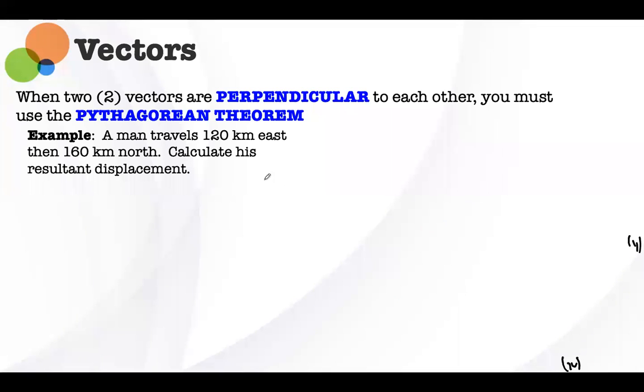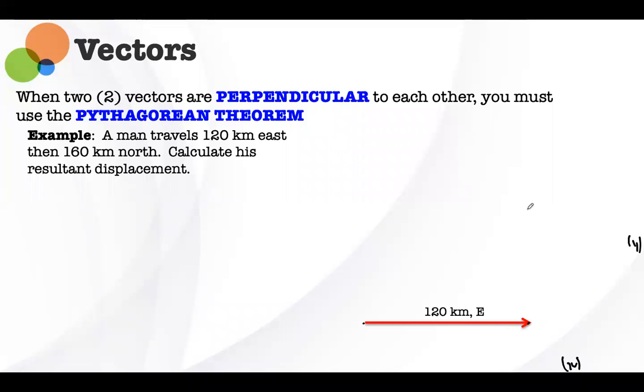Now, a man travels 120 kilometers east, then after he finishes at 120 kilometers, he goes north. So we must calculate his final displacement. Let's go ahead and calculate his final displacement. He goes 120 kilometers east. First, he starts here, then he stops and makes a turn north.